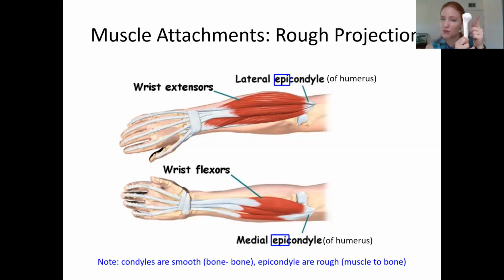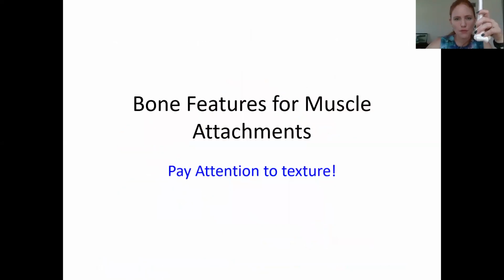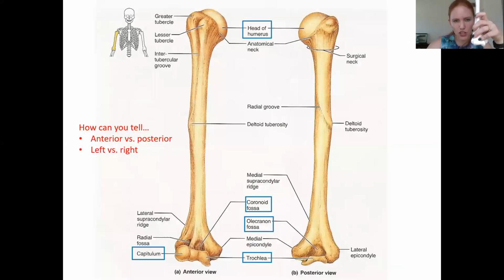The head has to be medial because that's what's connecting it onto your body. So if the head is medial, this rough bump on the medial side is going to be the medial epicondyle.